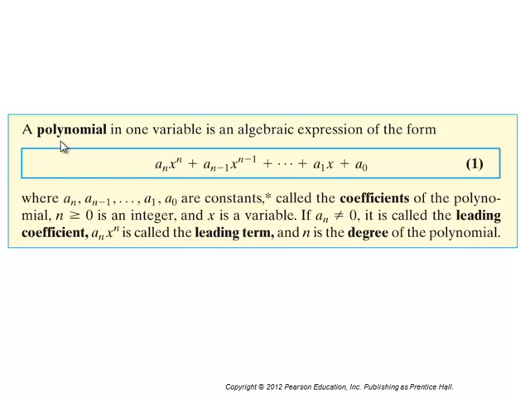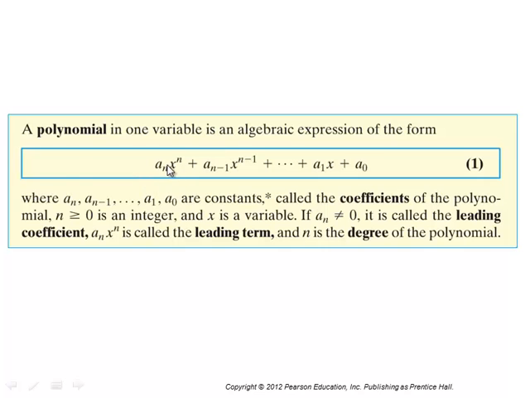Now, a polynomial is going to be one or more monomials. So here we've got a monomial and another monomial and so forth. So you've got the sum of several monomials. In fact, a polynomial is one where you have one or more monomials. So a monomial by itself is a special version of a polynomial.